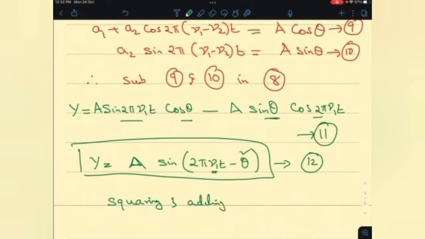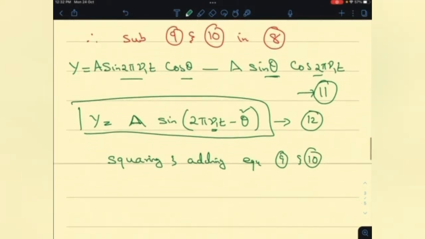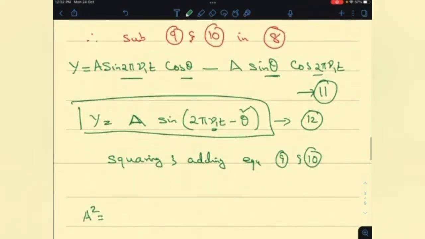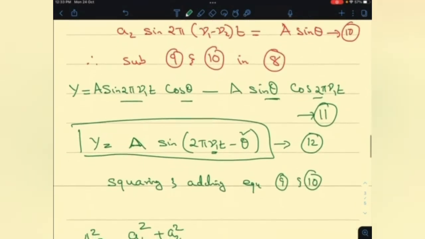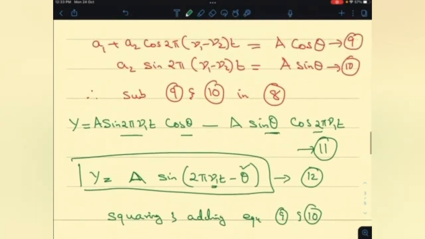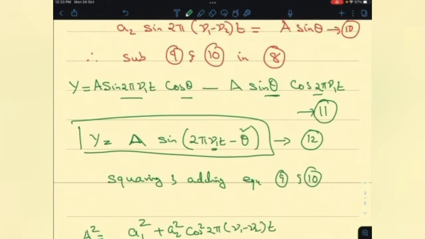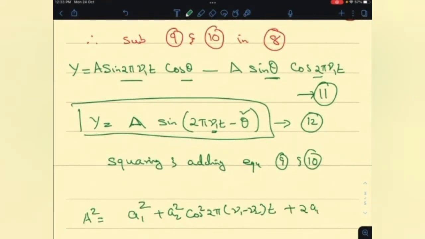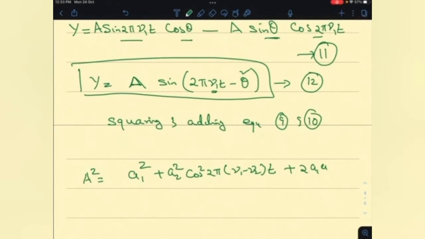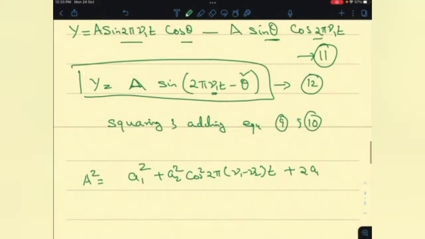A square is equal to A1 square plus A2 square cos square 2 pi nu 1 minus nu 2 t, plus 2 A1 A2 cos 2 pi nu 1 minus nu 2 t, plus A2 square sin square 2 pi nu 1 minus nu 2 into t.